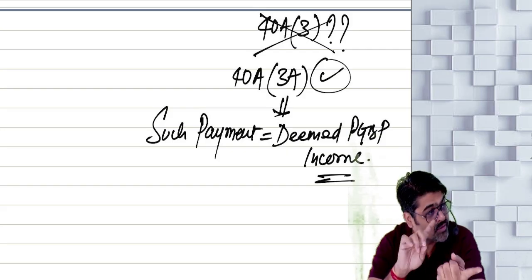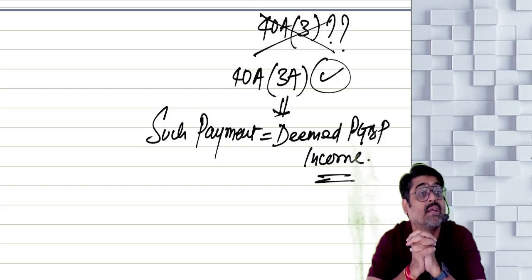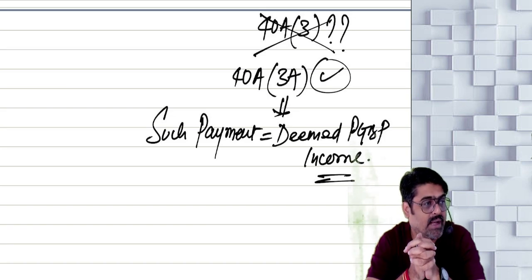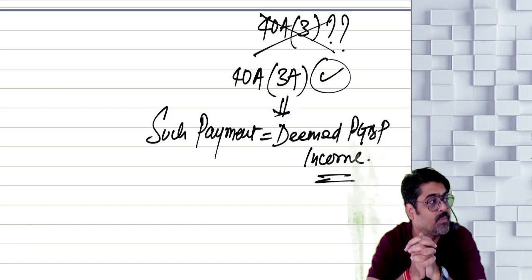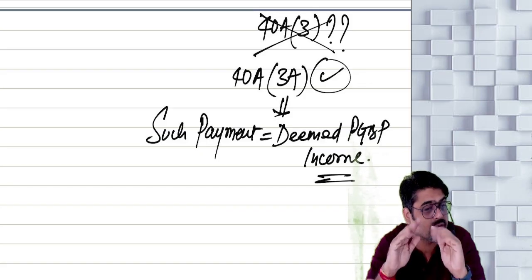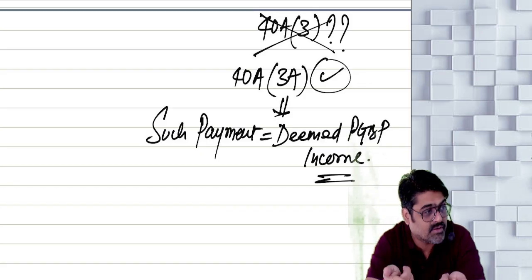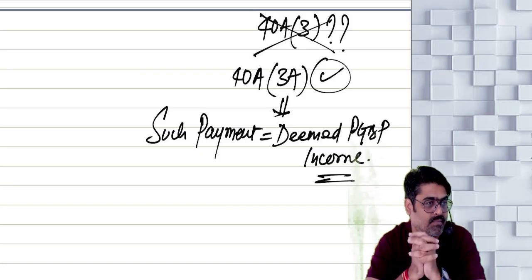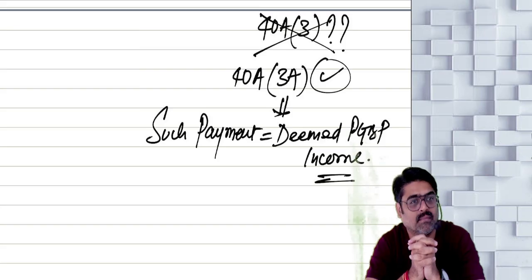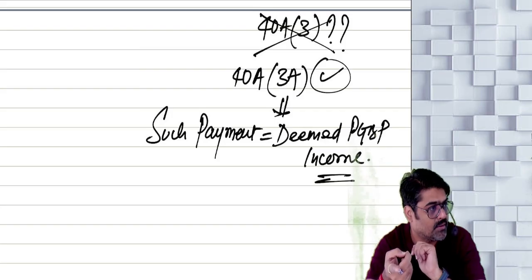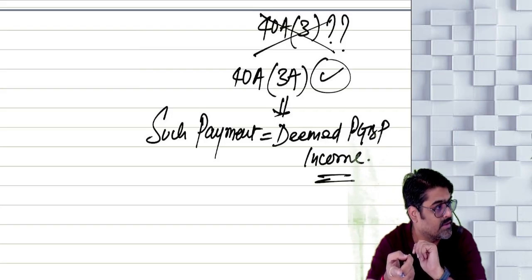Then to give that reversal, 48(3)(a) will be applicable. And as per 48(3)(a), that payment which is more than 10,000, made other than by prescribed modes, will now be treated as your deemed PGBP income. Understanding? And the same limit of 35,000 will be applicable if the payment is made to a transporter, for transport charges and freight charges.